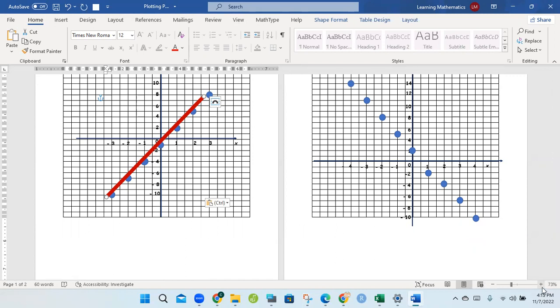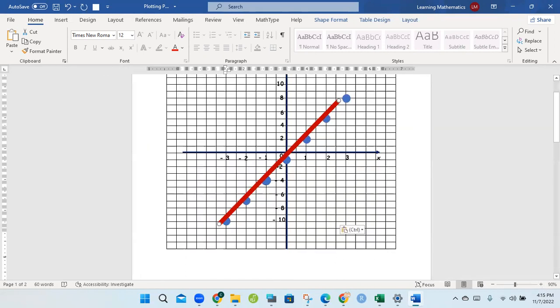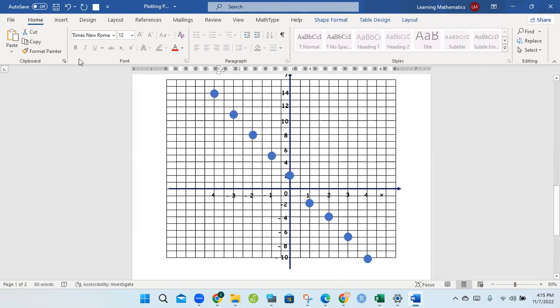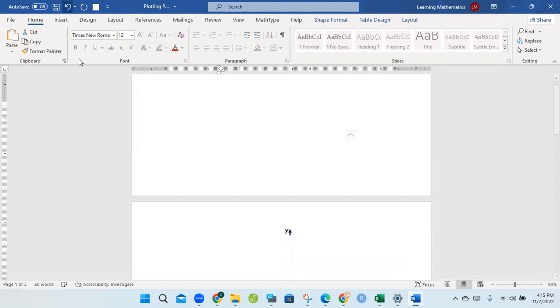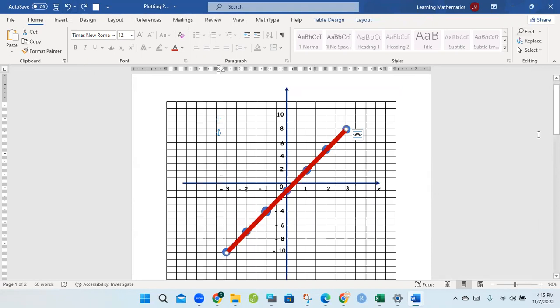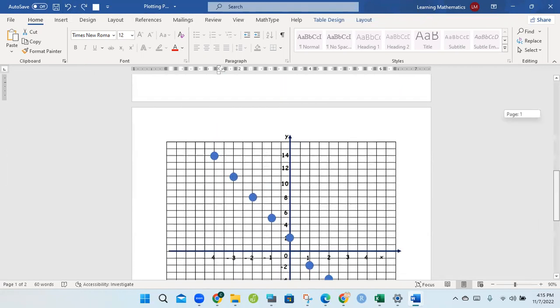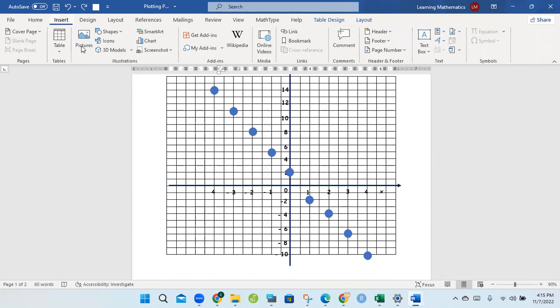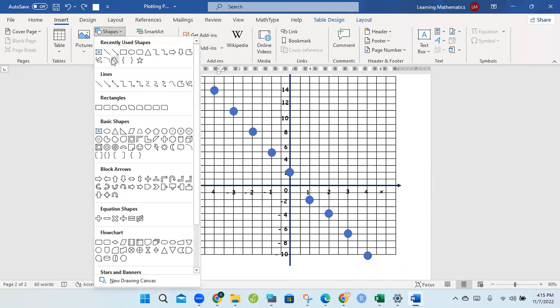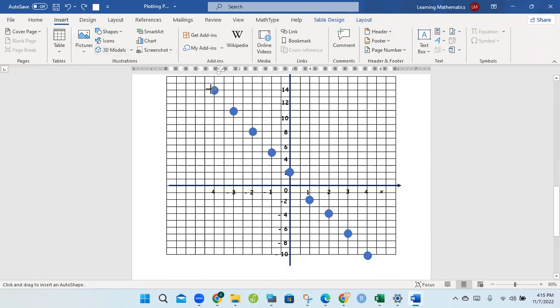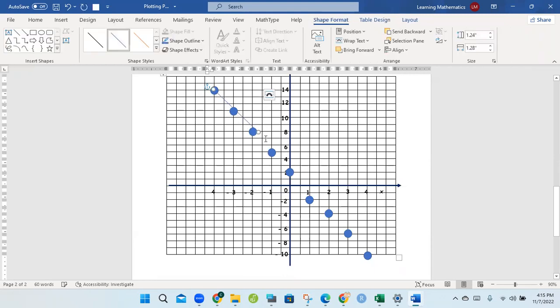So basically what we need to do is go to insert, go to shapes, take a line, double click and hold, and just join the dots with it, extend it.